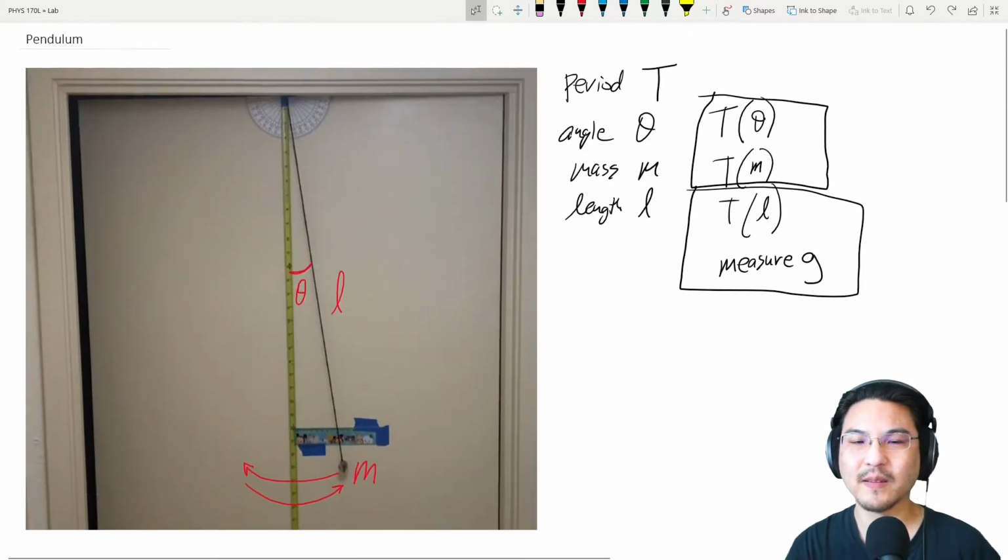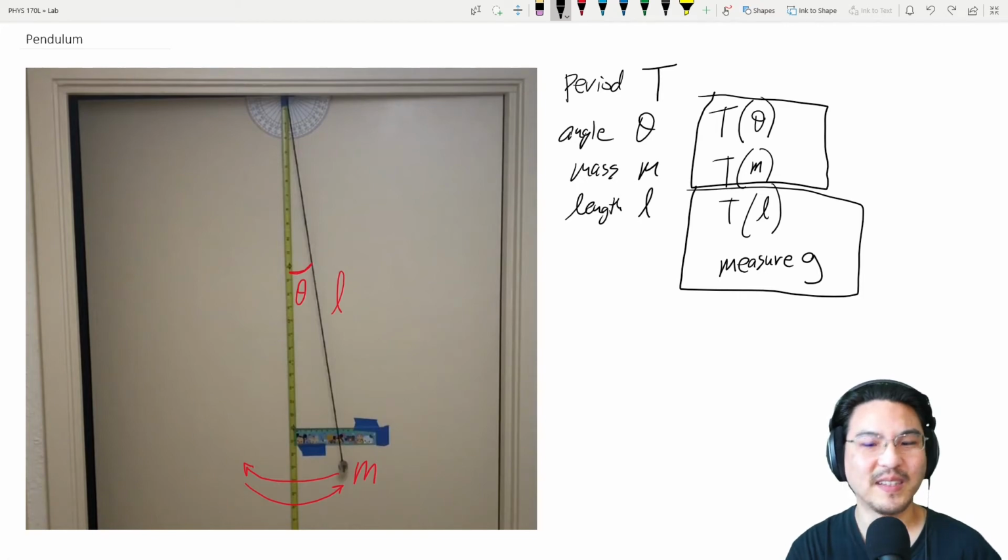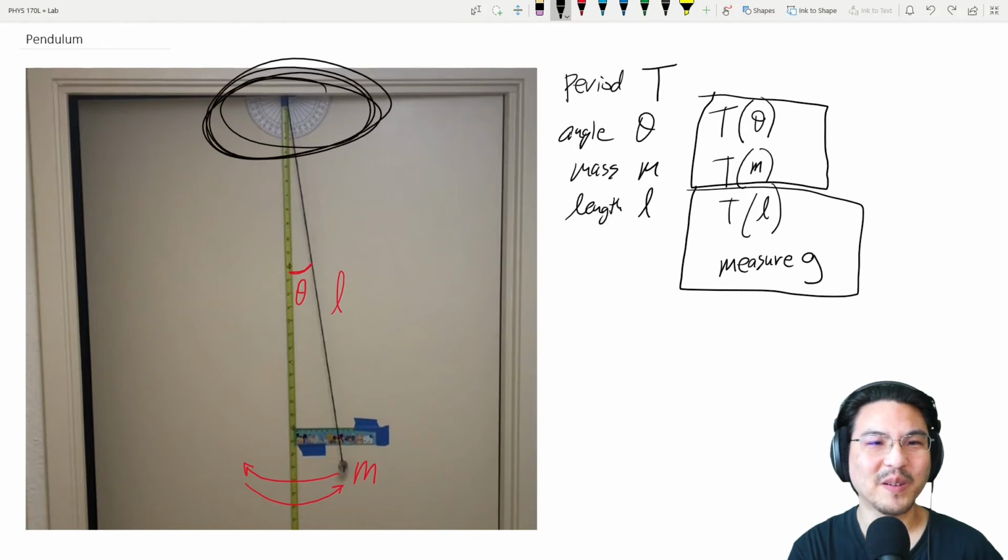Okay, and then to measure, let's see what is left. Angle, I taped a protractor up here. That's the same one I used in the vectors lab in the beginning of the semester.